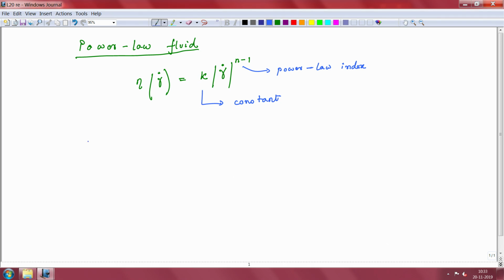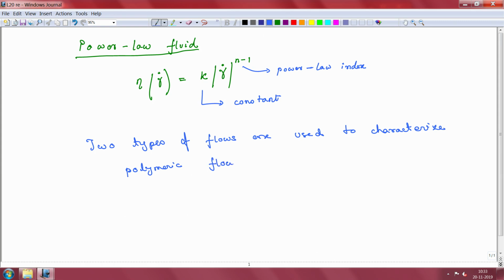So, there are two types of flows used to characterize polymeric flows, and one of them is called a shear flow, or a simple shear flow, and the other one is called the shear free flow.